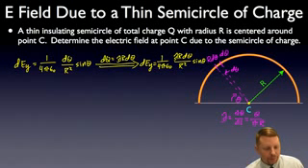And right away, there's a couple simplifications we can make. I see an r versus an r squared there. Lambda is a constant. We'll get that over here. And r is also a constant.